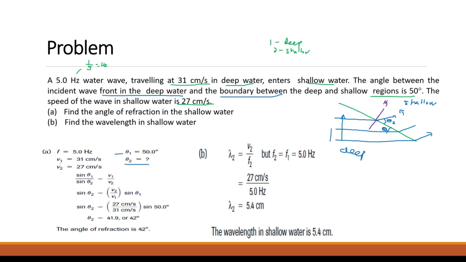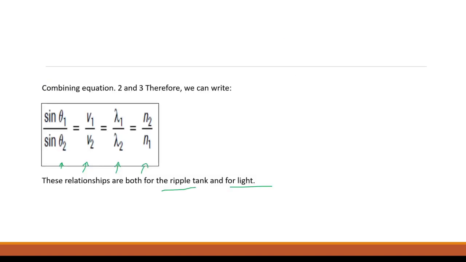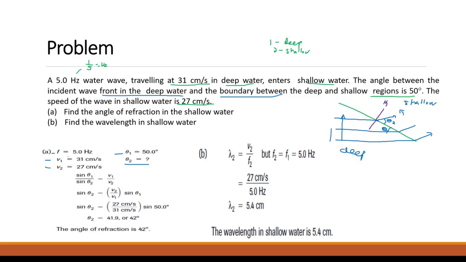We have theta 1, we have our speeds, and we have a frequency, and so we can apply our Snell's law and scratch out the ones we don't need. We don't need the frequency or the indices. We want the angle, right? So we include the sines. We have both our speeds, so we just use those two. We bring over sine theta 1. When we have sine theta 2, we plug in our values, making sure that they're the same units.